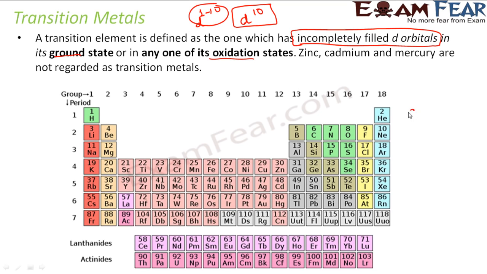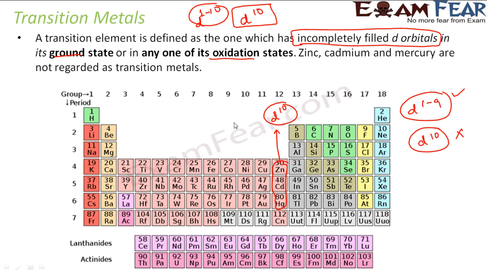So the definition says if it is d1 to 9, it is a transition metal. If it is d10, it is not a transition metal. And when we are talking about the ground state or any of its oxidation state. So with this definition, my zinc, cadmium and mercury is not a transition metal, because if you write the electronic configuration of zinc, cadmium and mercury, actually I'll show you, it is d10.